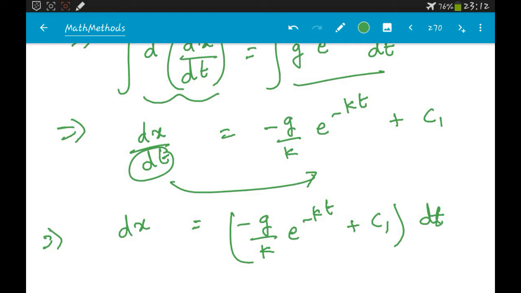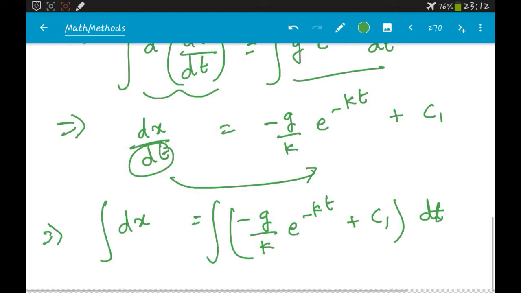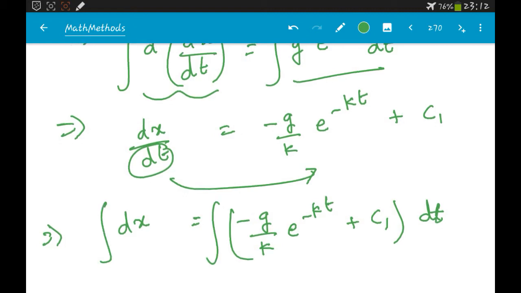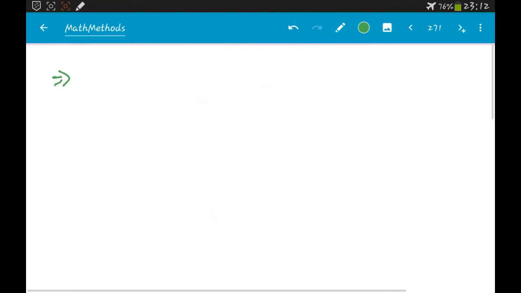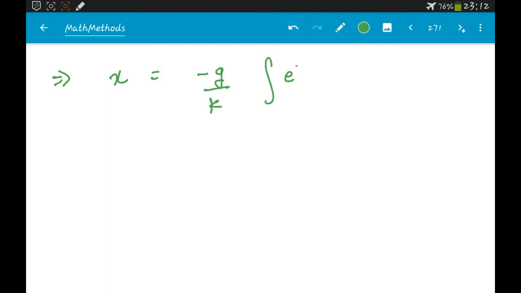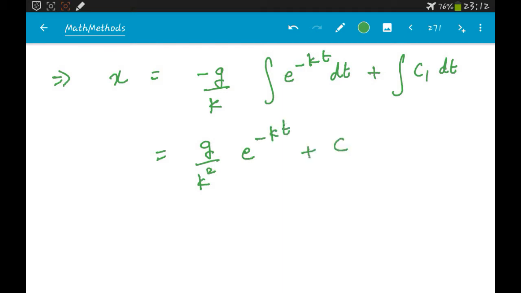Okay, and now we integrate both sides and we will be left with x is equal to the integral of minus g by k e power minus kt dt plus c1 dt. So you will get g by k square e power minus kt plus c1t plus c2.